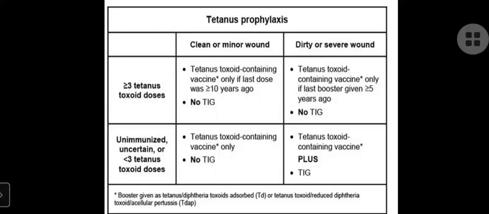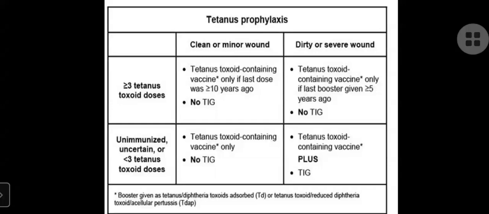If a patient has had 3 or more tetanus toxoid dosages and has a clean or minor wound, and you take a history and the patient hasn't had a booster in the last 10 years, you would give a tetanus toxoid injection, but no tetanus immunoglobulin, that is the ATS.